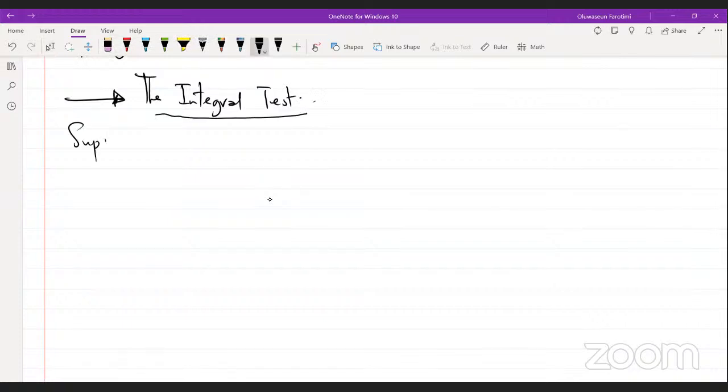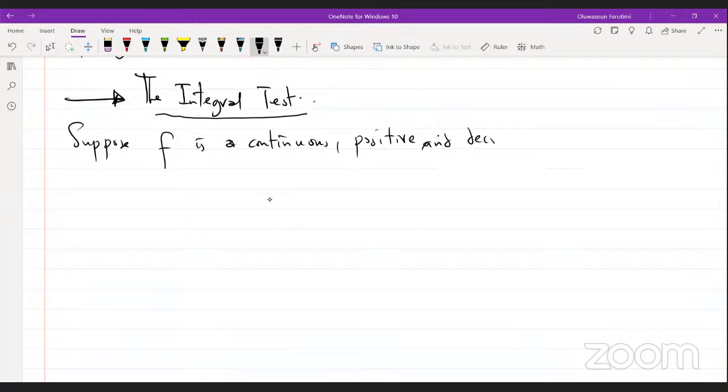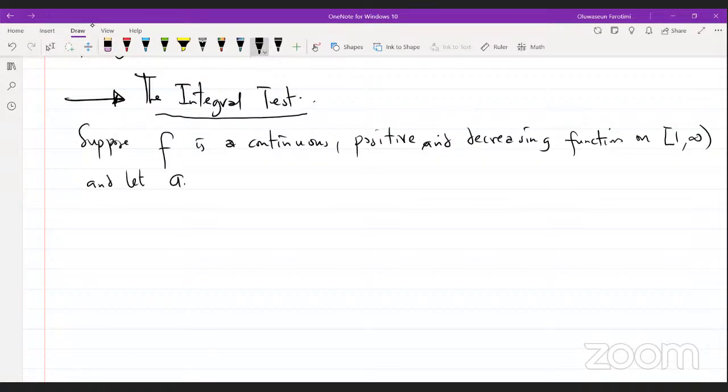Suppose f is a continuous, positive, and decreasing function on the interval [1, infinity), and let the nth term be given by f of n.